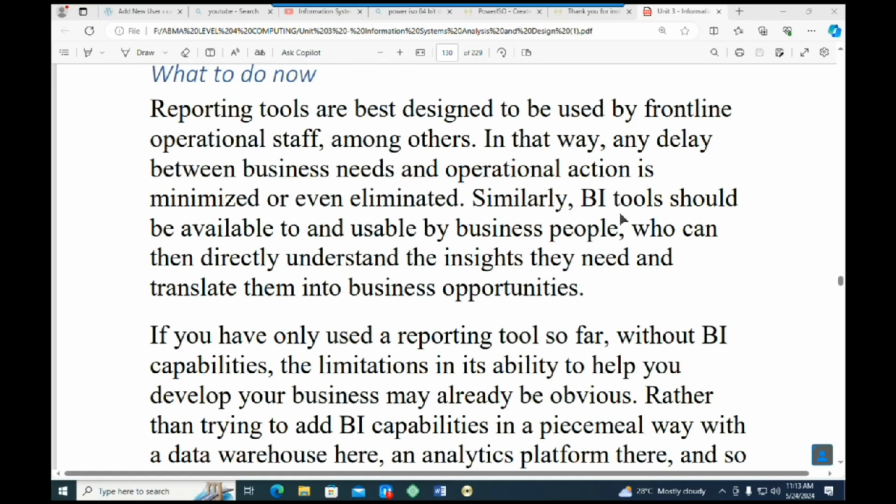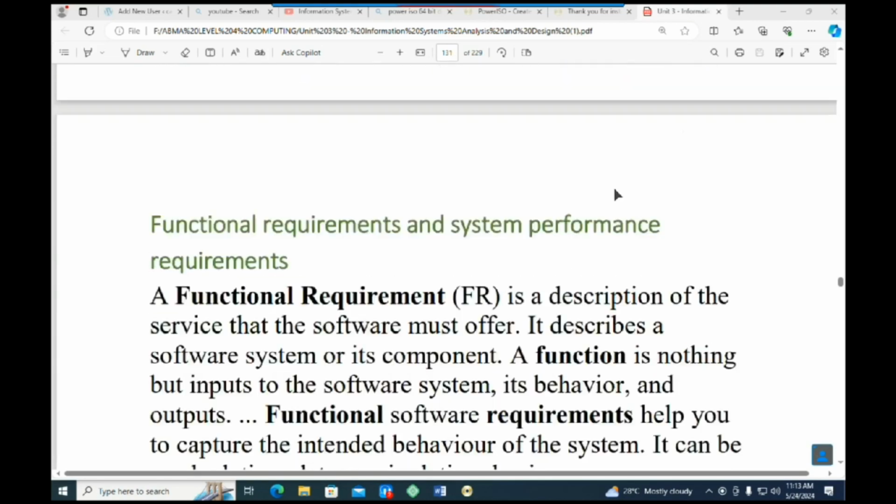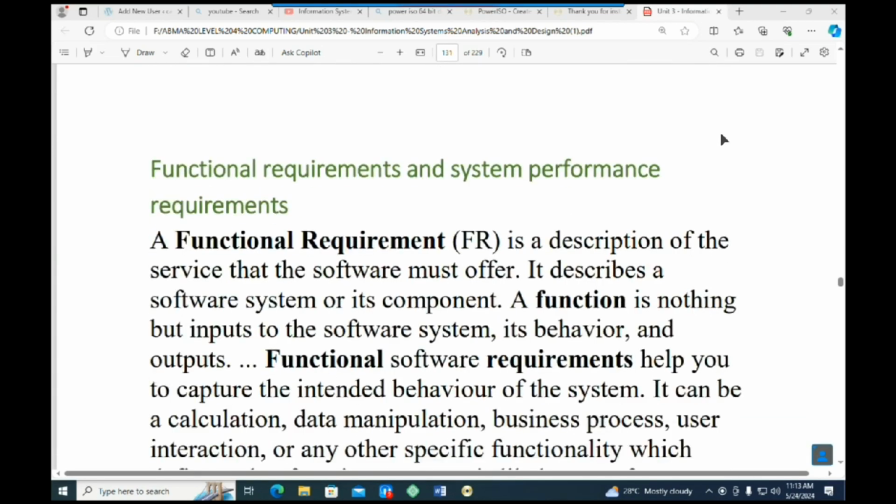They should be usable by both business people and even the front office. The people should be able to understand the insights they need from the business intelligence without any translation. So that is the solution. We have the front desk handling the reports, and then you have business intelligence that is really understandable and doesn't require a lot of translation to understand effectively.